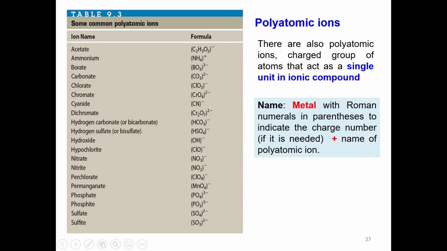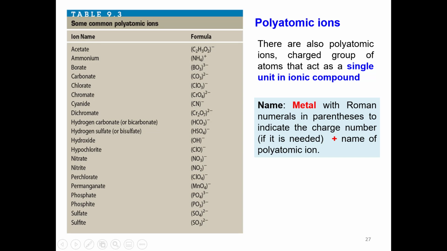They react with the metals to form a new compound, and we can consider this as a single unit when we write the equation to get the compound. For example, we have acetate, which is -1.